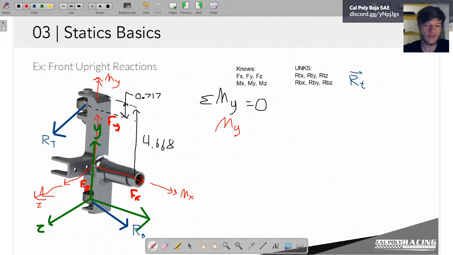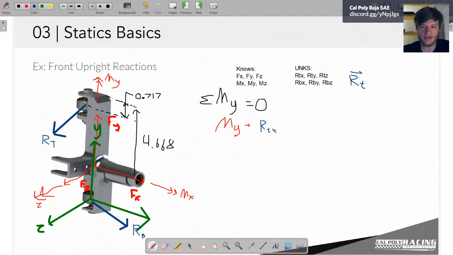So the distance from either Fx or Fz, since they're located on the y-axis, is 0. So we don't have to worry about any more of those in the y direction. The y moments are now, this My is all we have to worry about, plus all of the moments due to the reactions.